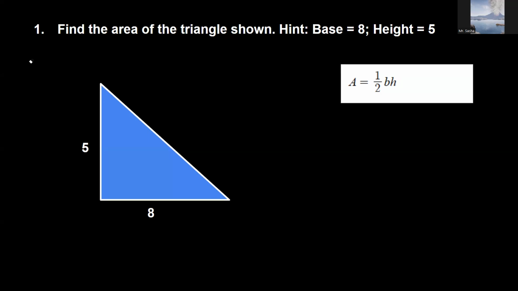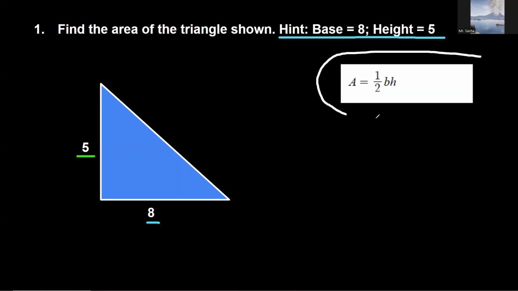So it says find the area of the triangle shown. And remember, here's a hint. The base is 8. The height is 5. And remember, we have the formula right here. Yeah, here's the formula. Let's use it.